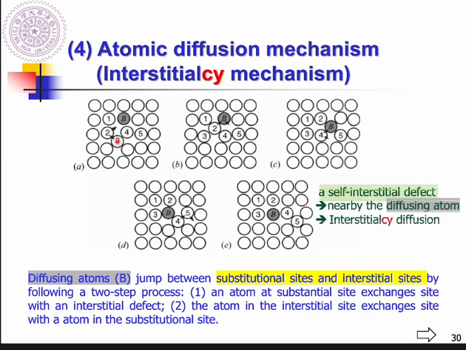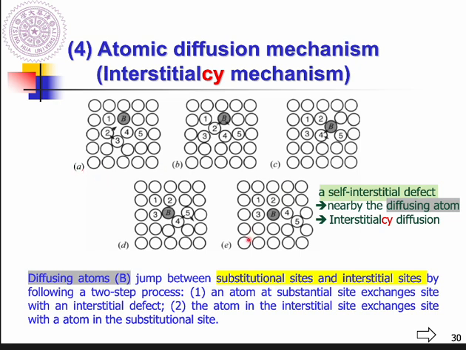Here, I want to say that the driving force to drive the interstitialcy mechanism is that there's always a self-interstitial defect nearby the diffusing atoms. So what is a self-interstitial defect? Actually, it's a host atom, not a small solute atom. It's a host atom located at an interstitial site.